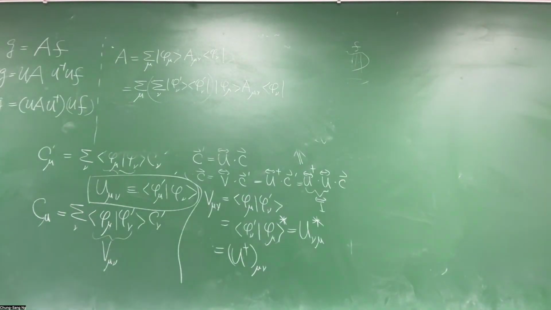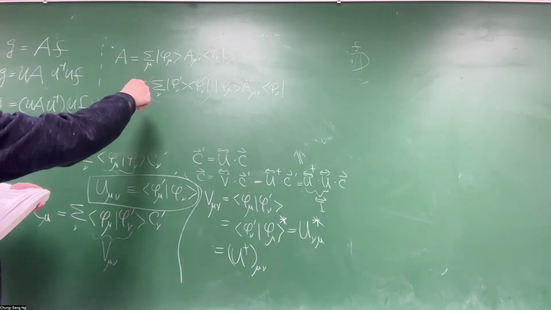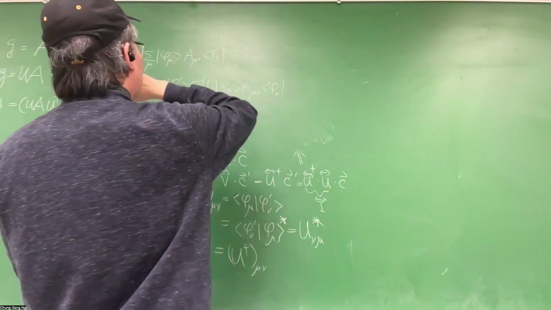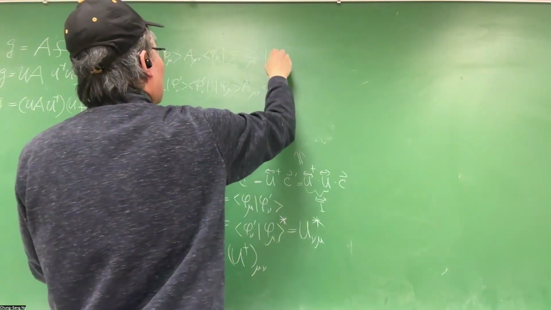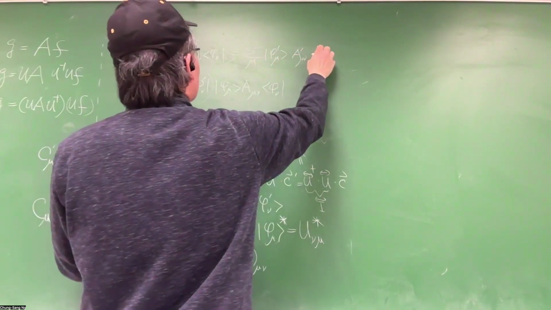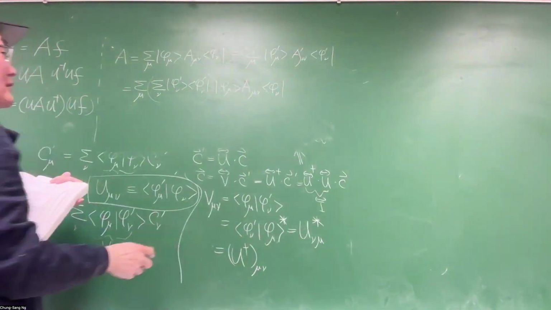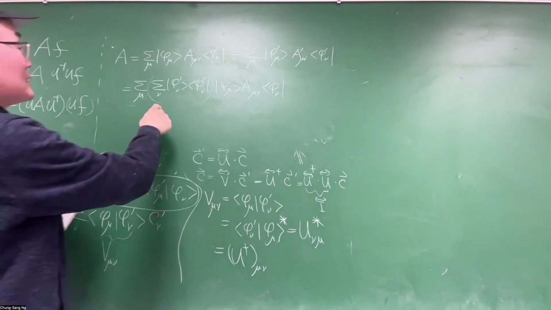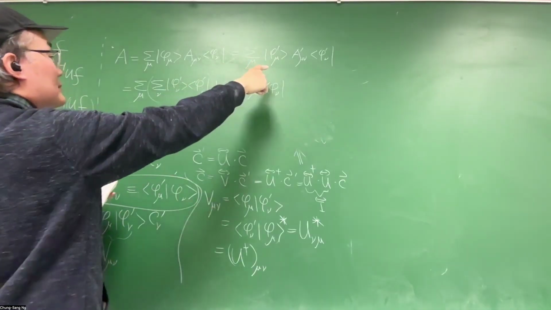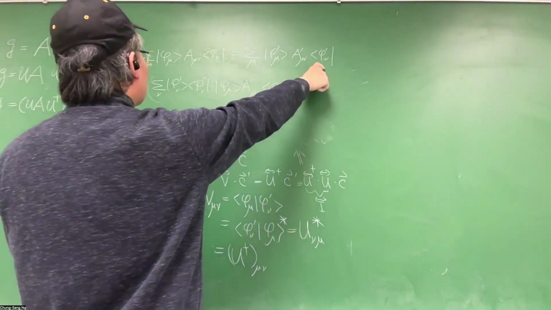But then you want another one, because finally you want to express it in the new basis, the new phi prime. So after you do that, you need another set of this one.